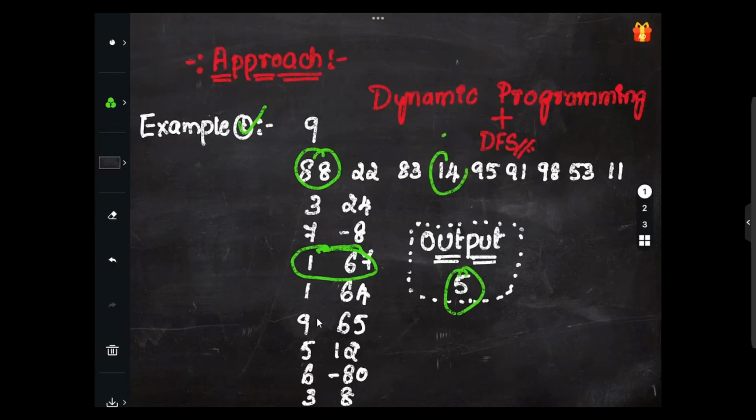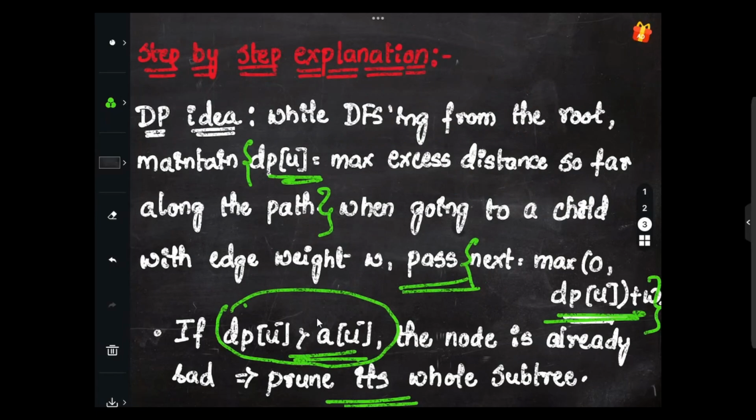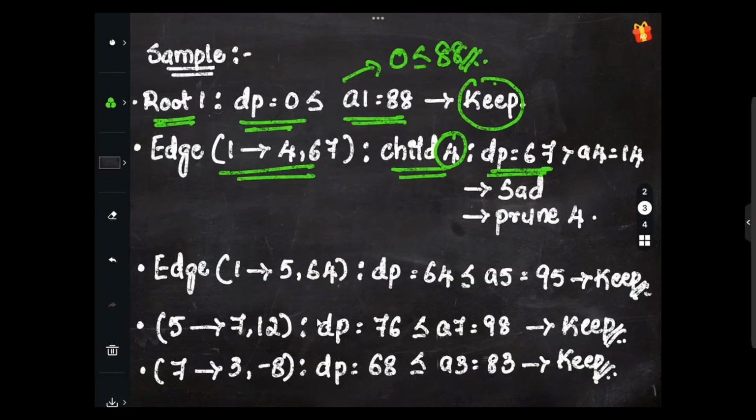See here, a1, a2, a3, a4, and I'll write A5, A6, A7, A8, A9 over here. We are checking for A4, which has the value 14. Now we check whether 67 is greater than 14.